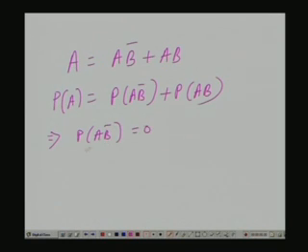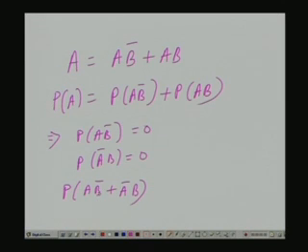In a similar way, I can show that P A bar B equal to 0. This time I took A, next time I will put it B, okay, replace A by B and B by A, like that, which means I had to prove this, no, but these two are mutually exclusive.